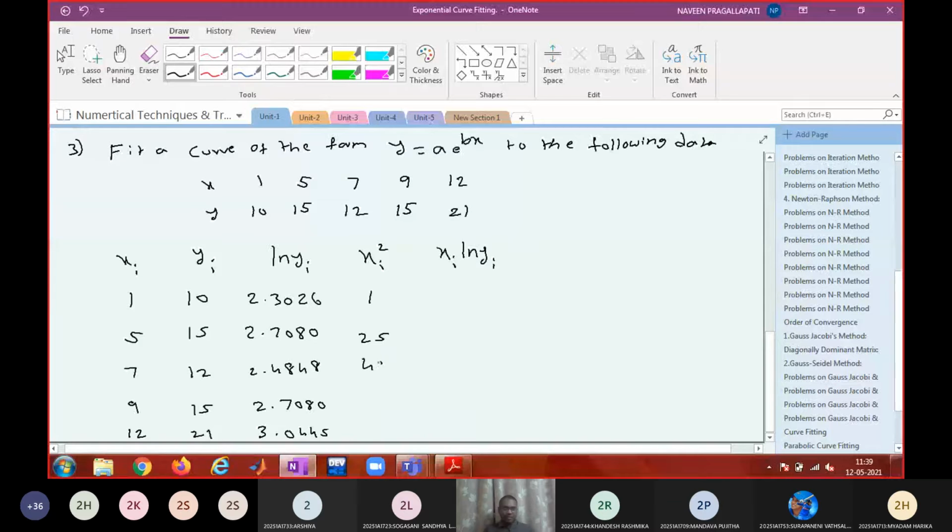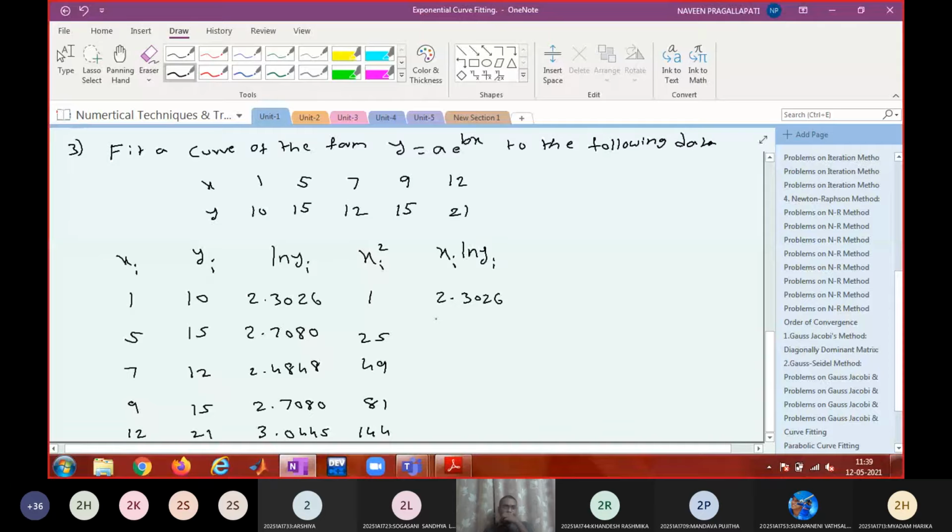125, 49, 81, 144. Now multiply xi with log yi and tell me the values. That is 2.3026. Next, xi into log yi.